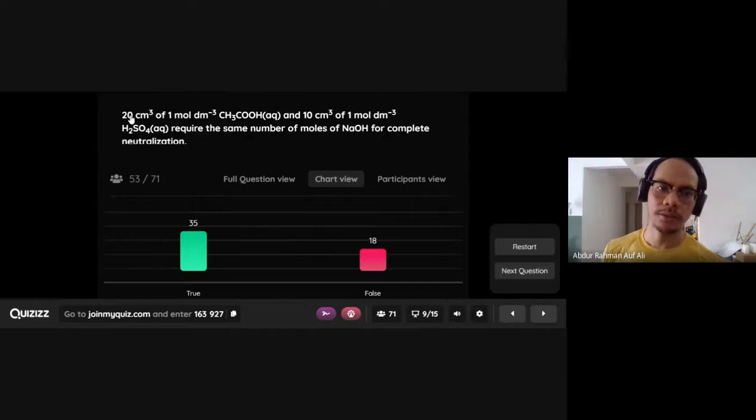I need to understand. 20 centimeter cubic of 1 mole and 10 centimeter cubic of 1 mole equate the same number of. Saya tak nampak pula NaOH ni tadi, so I thought dia tengah titrate sulfuric acid dengan acetic acid. Now I'm confused. Tapi ramai jawab betul. Why do you jawab betul? Boleh tak explain pada saya? I honestly tak tahu saya faham ke tak faham soalan ni.